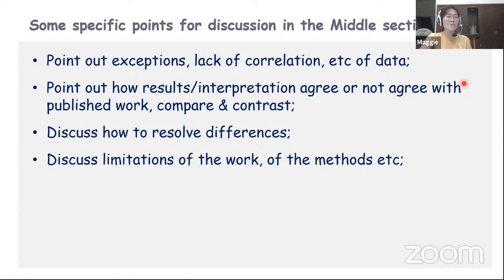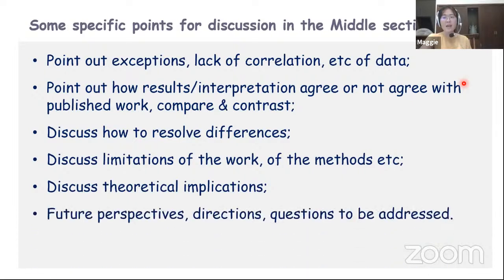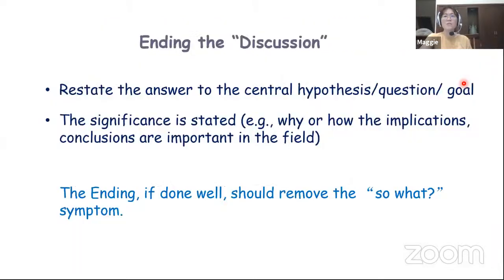Discuss the limitations of your work. Discuss the theoretical implications of your findings, the future perspectives, the directions, the questions to be addressed. Then, for the ending of the discussion, you can restate the answer to the central hypothesis.